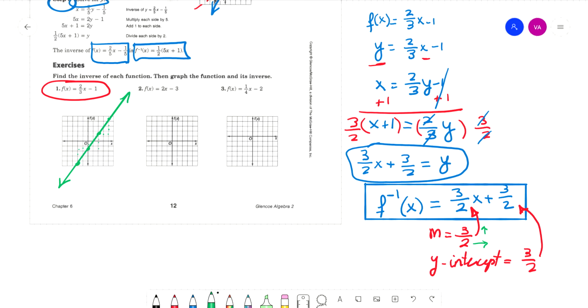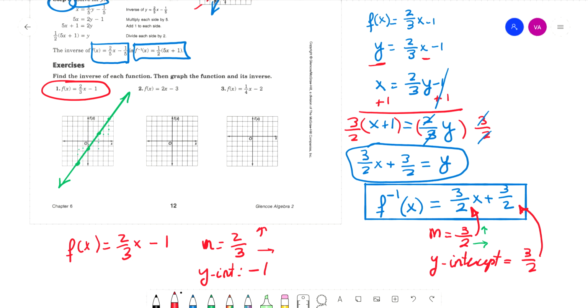If I want to represent also the original function, it was f of x is 2/3 of x minus 1. So here the slope is going to be 2/3. The y-intercept is going to be -1. So I'm starting at -1 and going 3 to the right, 2 up.